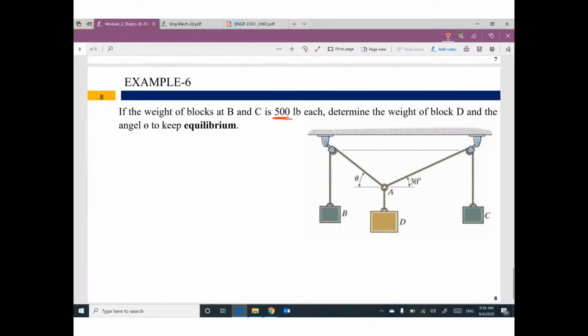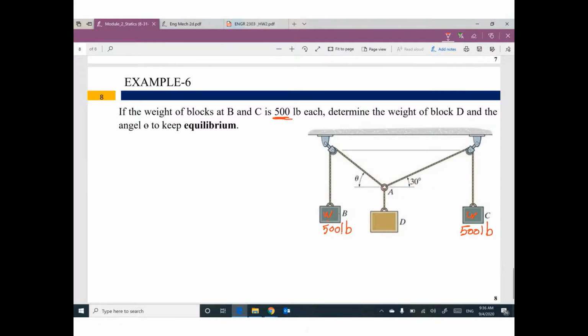I don't need to convert anything because the weight is given in pounds. Pound is good. So at B, this weight equals 500 pounds. That's fine. At C, we have the same weight, 500 pounds.